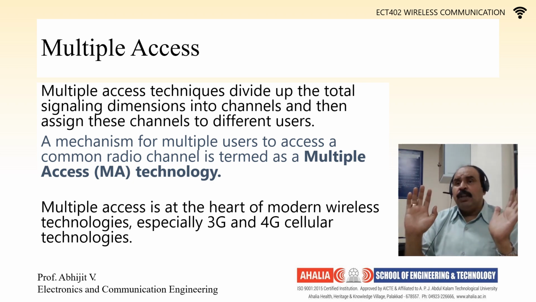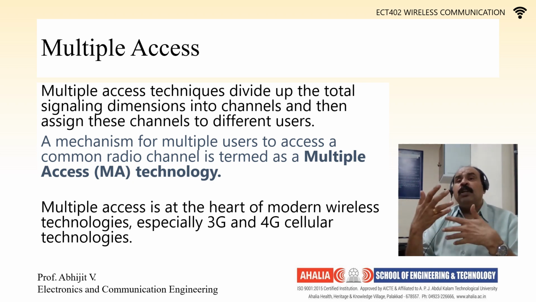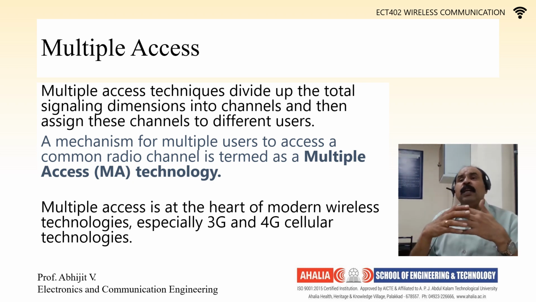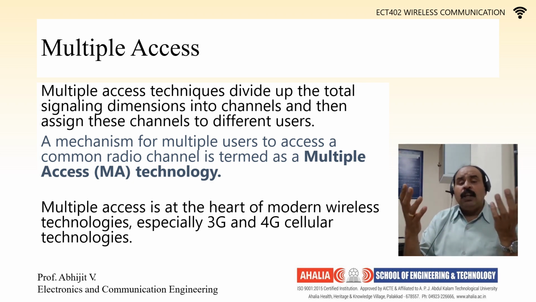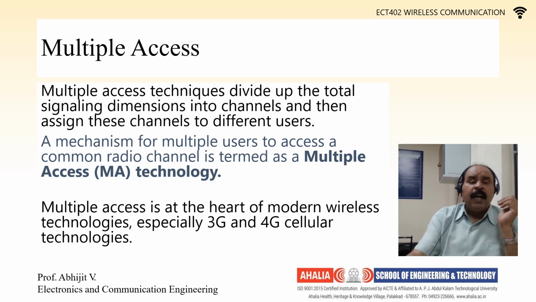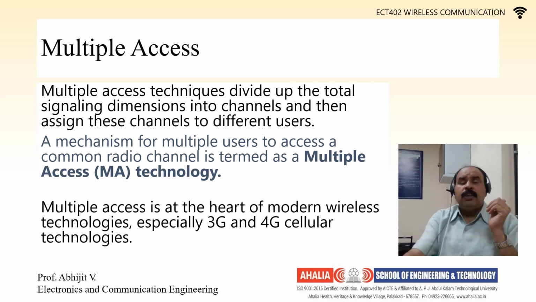In wireless communication, this is what we can imagine. So we need different methods through which we allocate a particular channel to a particular user. There are n number of users and we need different mechanisms to allocate a particular channel to a particular user. This process is called multiple access: a mechanism for multiple users to access a common radio channel. That is what multiple access technologies are.